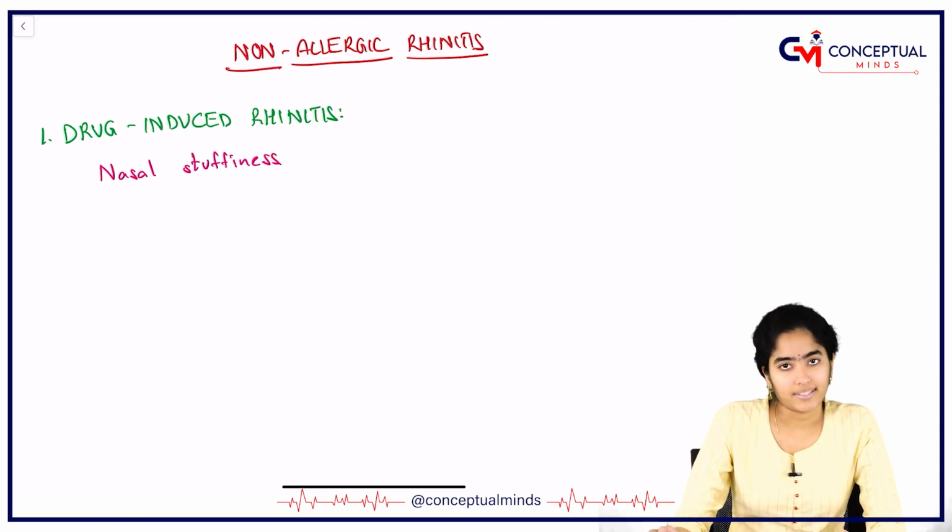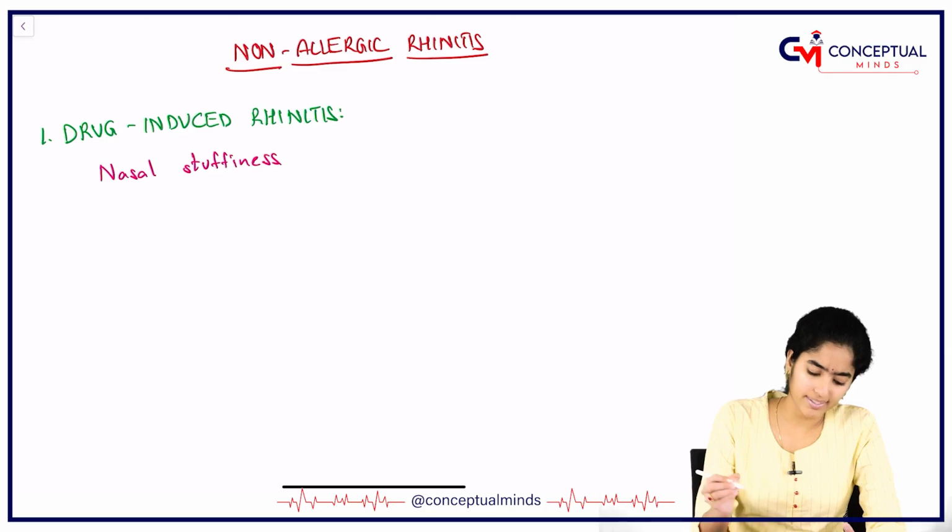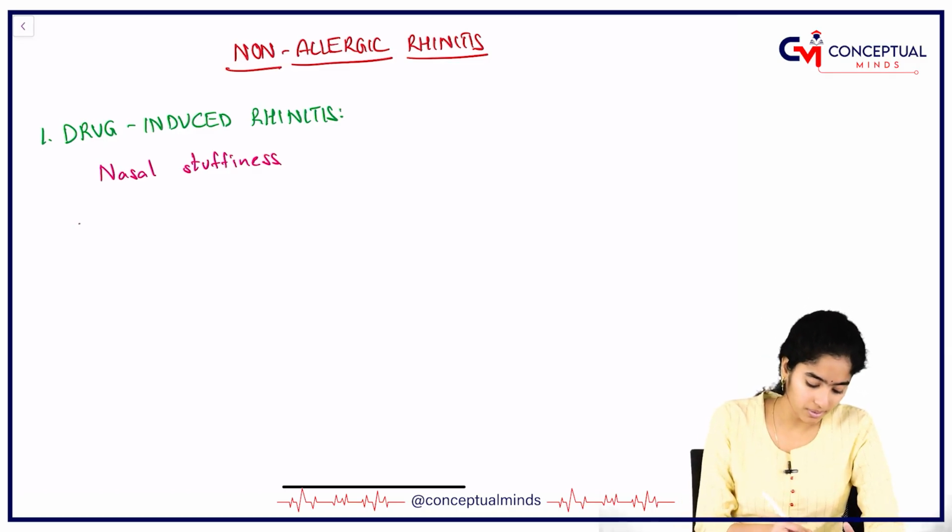Another important category is contraceptive pills. Contraceptive pills also cause rhinitis-like symptoms because of estrogen effect. So what are the three categories of drugs that you have to remember here? One is anticholinesterase, for example, neostigmine.